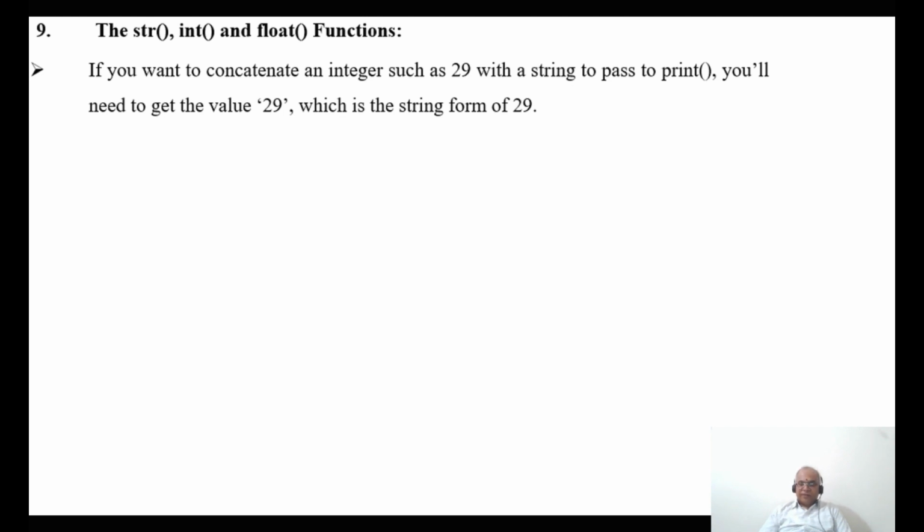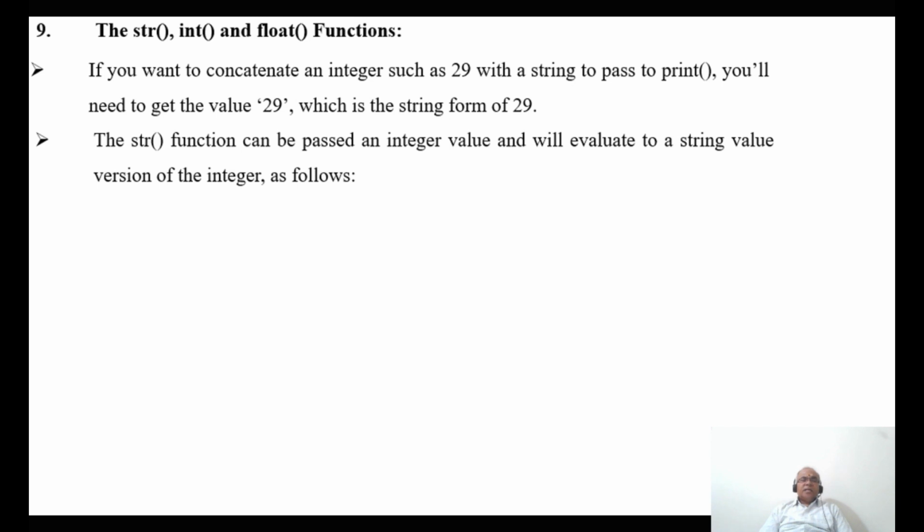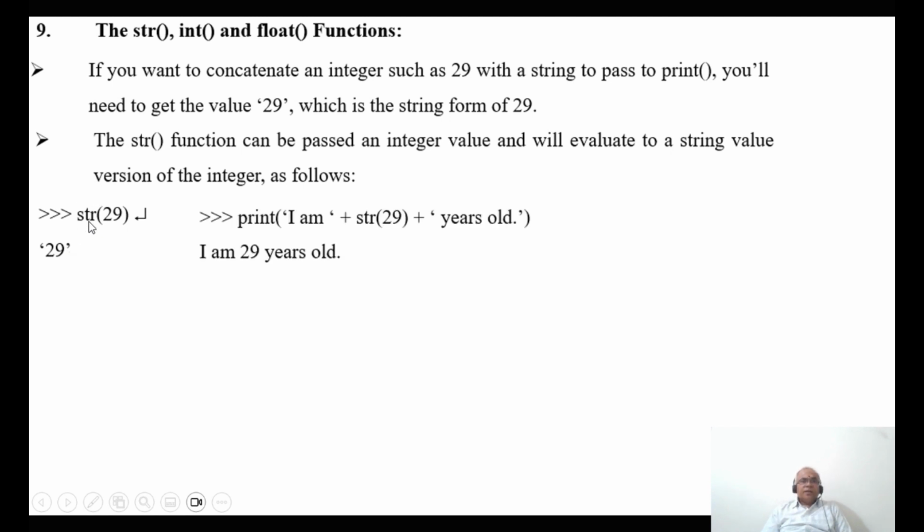The str function can be passed an integer value and will evaluate to a string version of the integer. If I say str(29), then it will give the string 29. Even though it is an integer, it will be considered a string because of the str function.